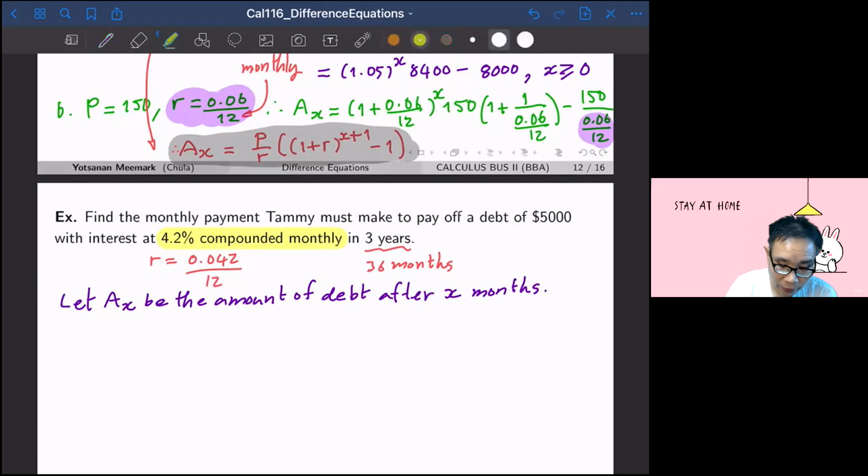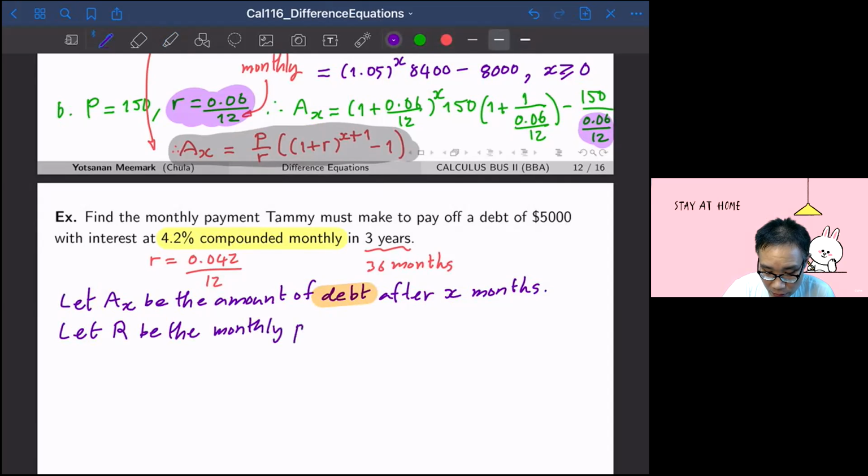So this one will be debt. And you're going to let your R be the monthly payment.